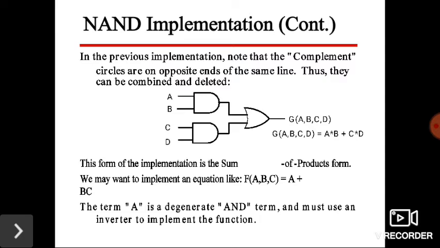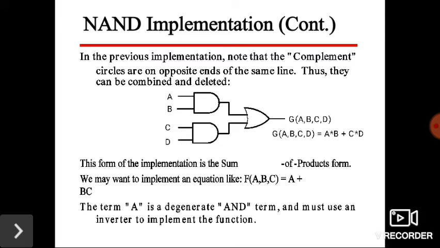In the previous implementation, note that the complement circles are on opposite ends of the same line. Thus they can be combined and deleted. So here we are using the same level without the bubbles. This form of the implementation is the sum of products form. We may want to implement an equation like A plus BC.